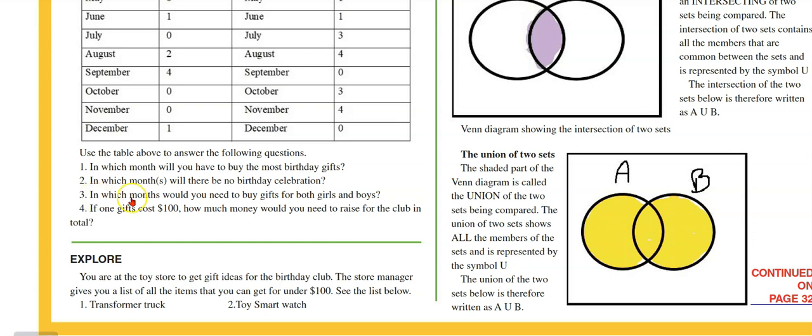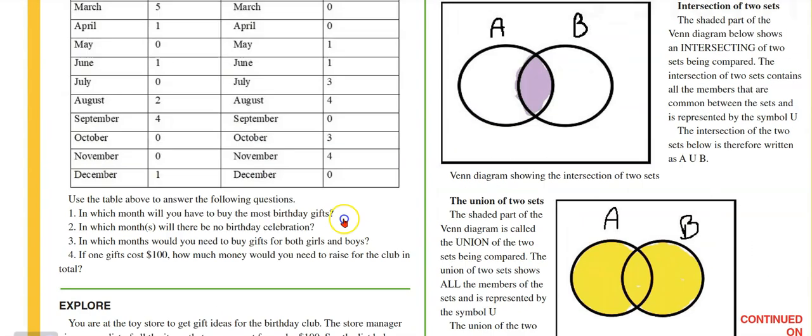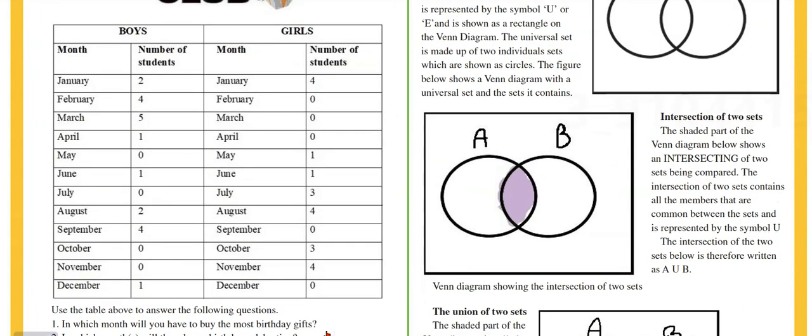Okay. In which months would you need to buy gifts for both boys and girls? Let's see that. So for January, yes. February, no, because no girls are celebrating birthdays there. March, no. April, no. May, no. June, yes.